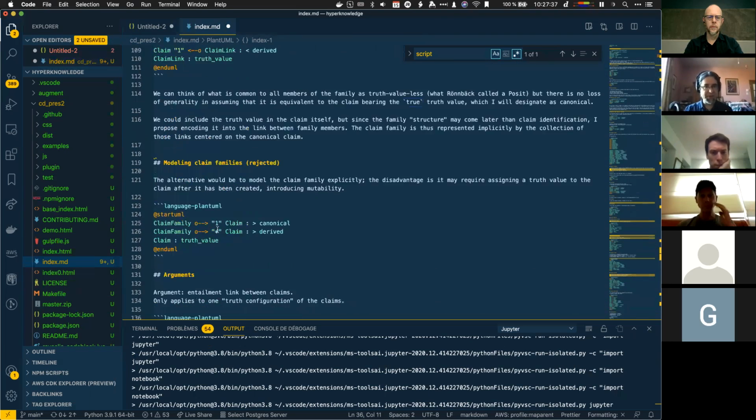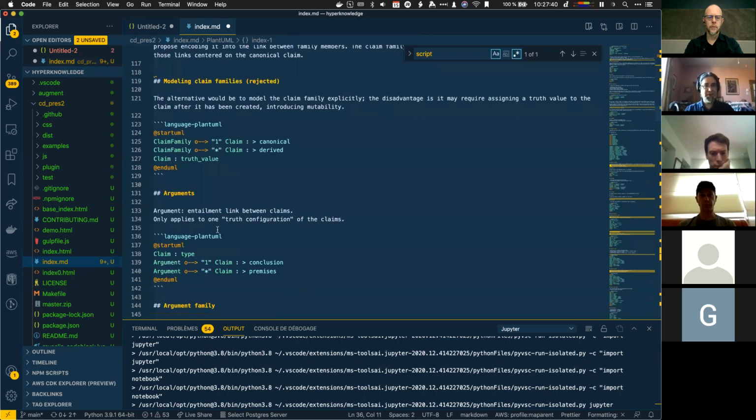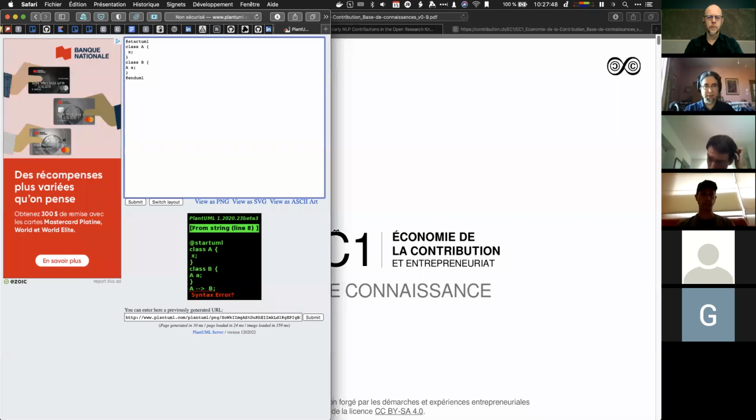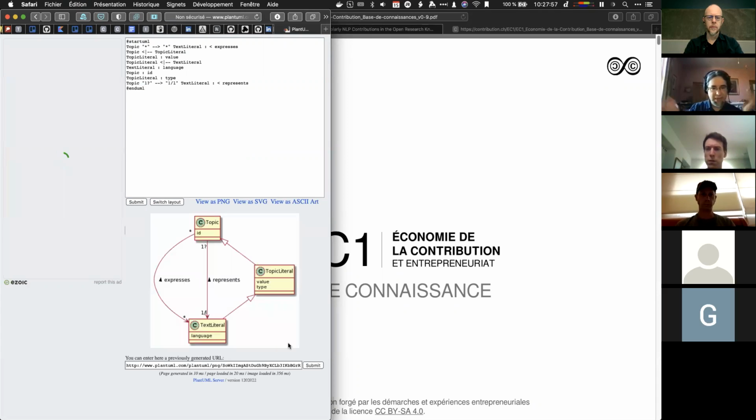Are there more elaborate examples in here? If I take this, because it's as good an example as any, and put it in the start UML, I get this.